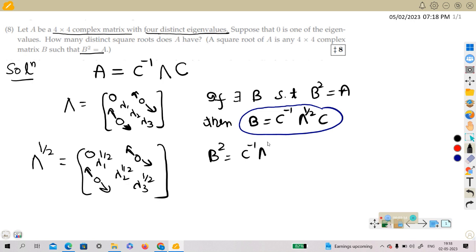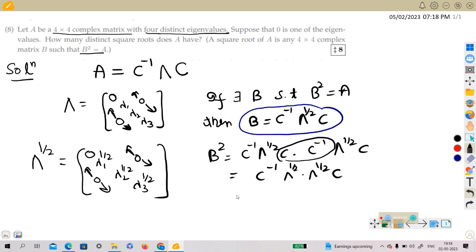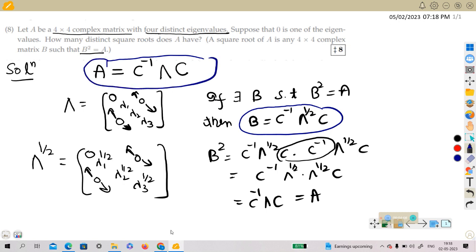This is equal to C inverse gamma to the 1 by 2 C times C inverse gamma to the 1 by 2 C. These C and C inverse cancel out, and this is equal to A from here, as we have taken A to be like this. So we have proved that if B is like this, then B square is equal to A.